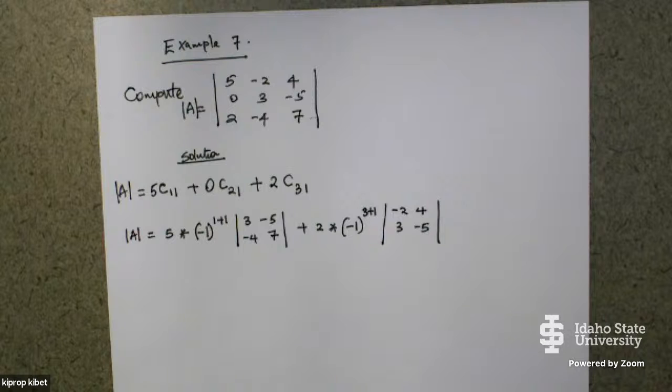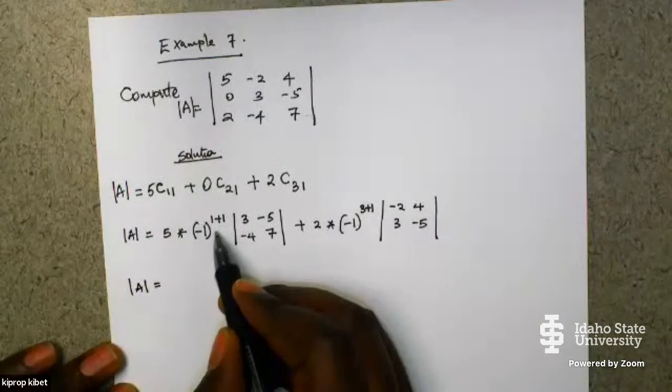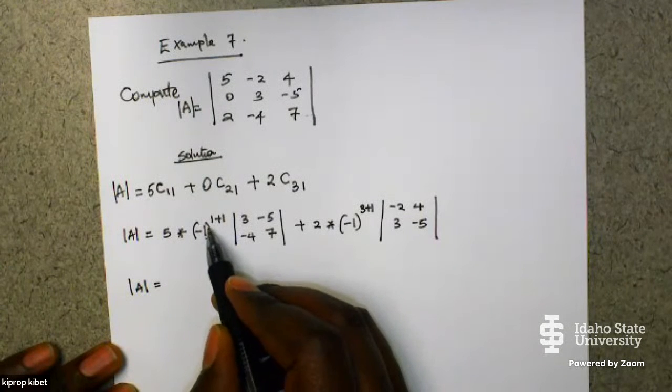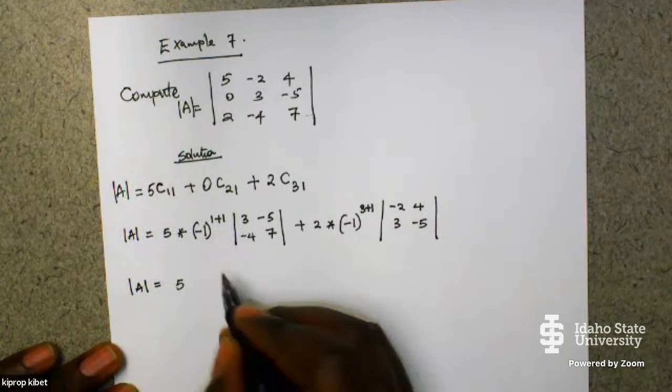Then the determinant of A will be equal to: 1 plus 1 is 2, and anything raised to an even power will be positive, so we get 5 here.